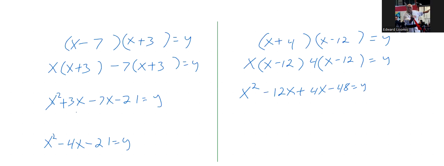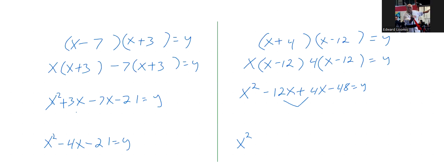At this point, all I have to do is combine my like terms. I'm going to have no like terms for my x squared, so I'm just going to bring it down, x squared. These middle two, I should always be able to combine. I have a negative 12x, and I'm adding 4x's to it.